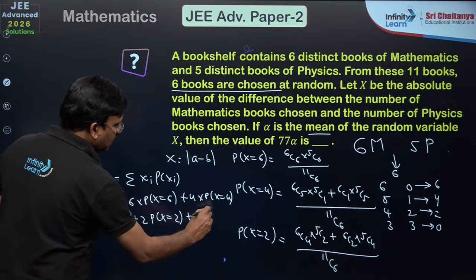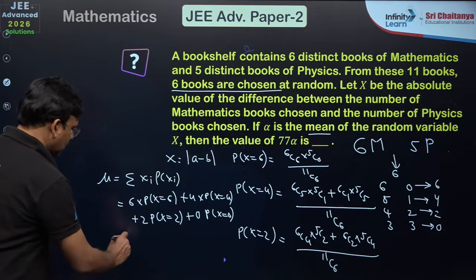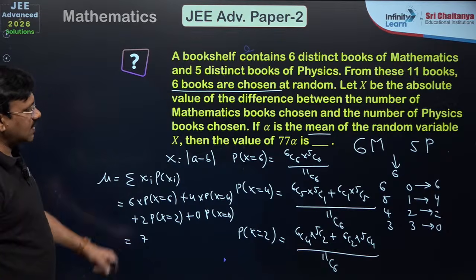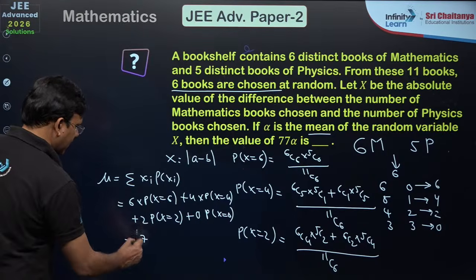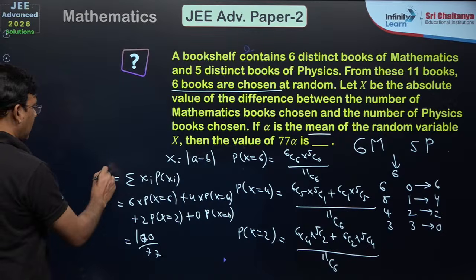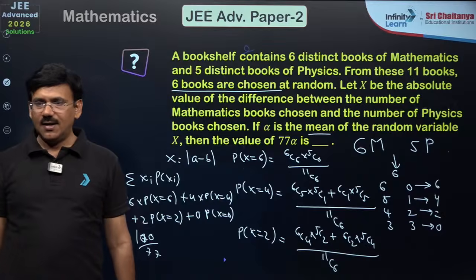Of course, 0 into P of X is equal to 0. This is why I didn't write the P of X is equal to 0 case. You just simplify, you will get this, he named this as alpha and it is going to be 100 by 77. So 77 alpha is going to be 100.